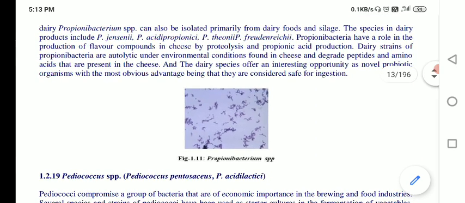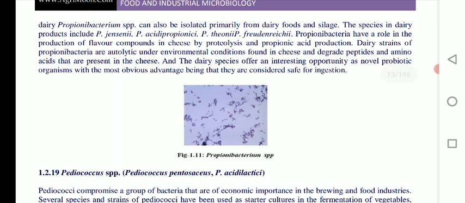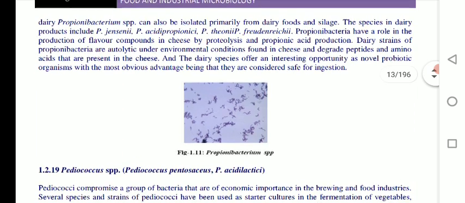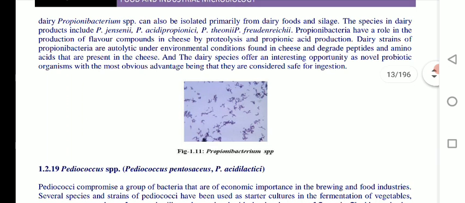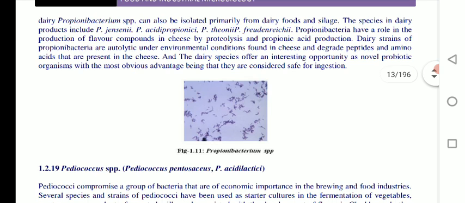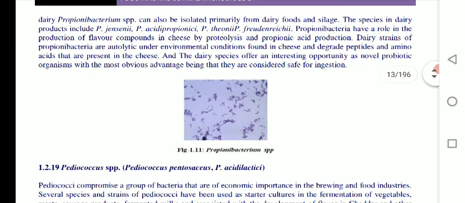Dairy strains of propionibacteria are autolytic under environmental conditions found in cheese and degrade peptides and amino acids present in cheese, and the dairy species offer an interesting opportunity as a novel probiotic organism, with the most obvious advantage being that they are considered safe for ingestion. So besides other activities, Propionibacterium also serves as a good probiotic bacterium, and it produces propionic acid, and is helpful in production of cheese as well as other products.